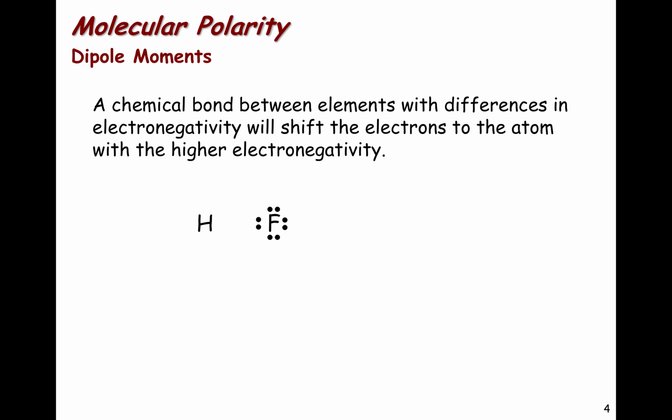This produces some ionic character, so that in this case, the hydrogen atom has a partial positive charge, and the fluorine atom has a partial negative charge.